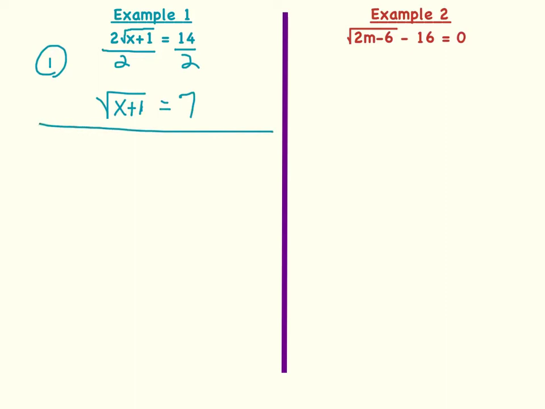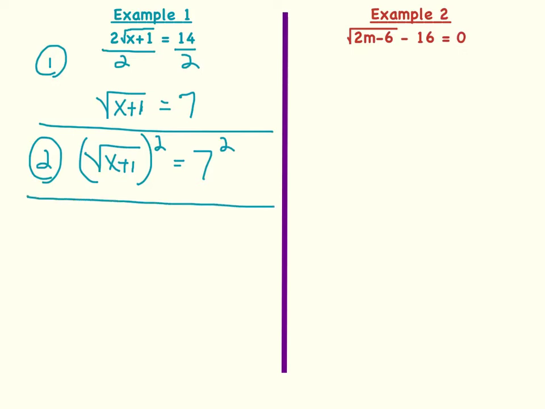Now step number 2 says to apply the inverse operation on both sides. So here I go. I've got the square root of x plus 1, and I am going to square it because that's how I undo the square root. So that means on the right side of this equation, I need to also square the 7. Now step number 3 says to solve.